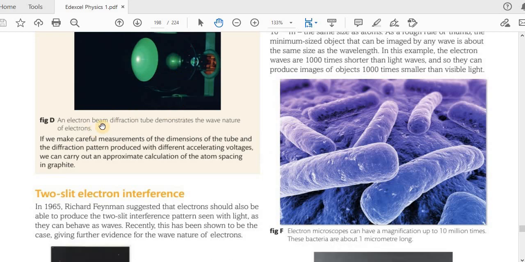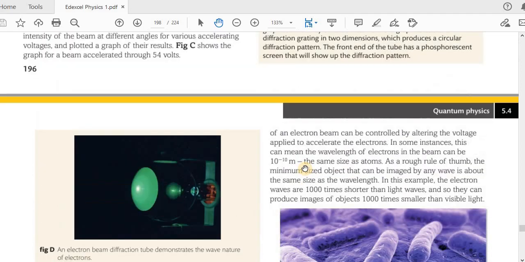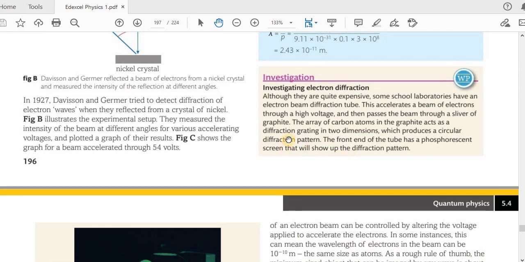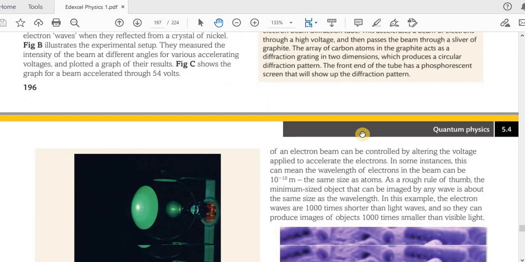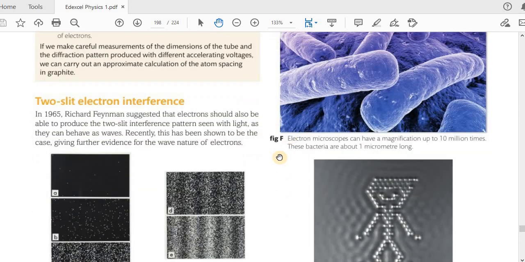So now you know the use of the electron beam diffraction tube. It can be used to demonstrate the wave nature of electrons, and in addition you can find the atom spacing in the material, which in this case is graphite, used as a diffraction grating in 2 dimensions to produce this diffraction pattern for the electrons. Okay, then we have 2-slit electron interference.